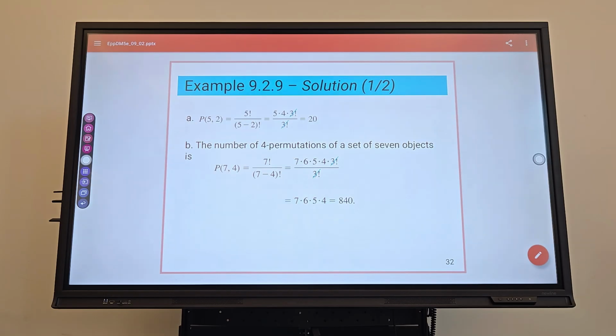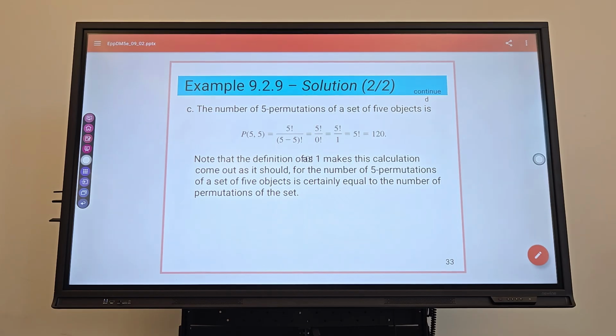Well, P of 5 and 2 is 5 factorial over 5 minus 2 factorial, or 5 times 4 times 3 factorial over 3 factorial, which is 20. The number of 4-permutations of a set of 7 objects is 7 factorial over 7 minus 4 factorial, or 7 times 6 times 5 times 4 times 3 factorial over 3 factorial, and that equals 840.